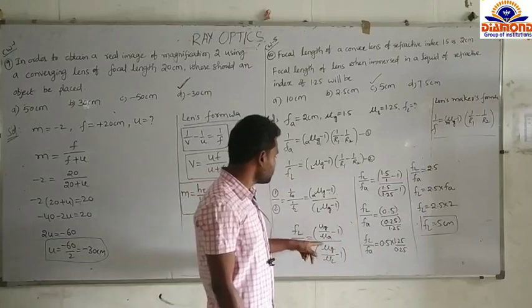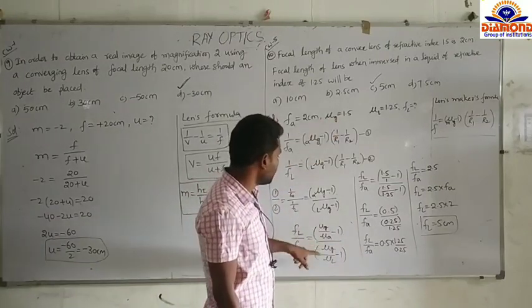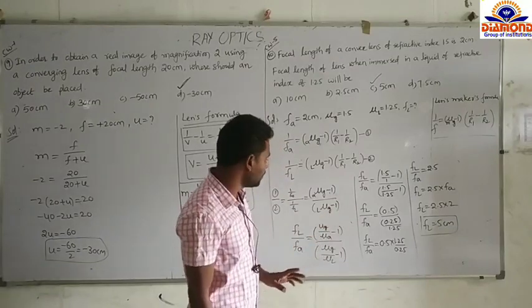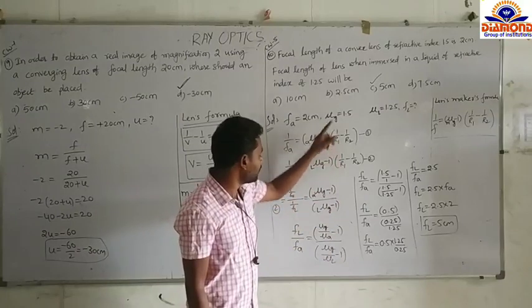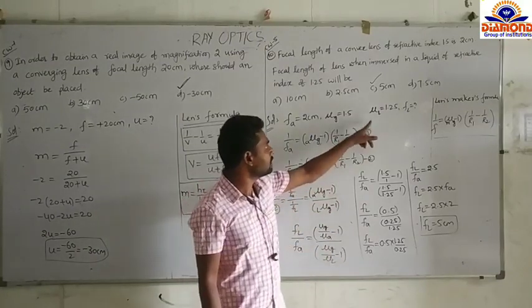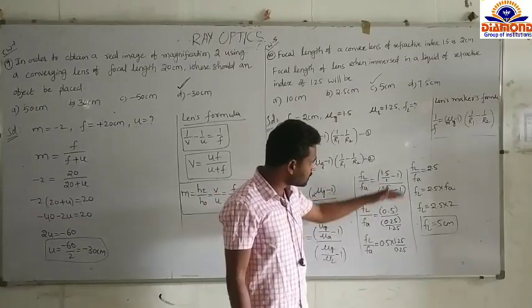Substitute the values: the refractive index of the lens is 1.5, the refractive index of air is 1, and the refractive index of the liquid is given as 1.25. Substitute the values and simplify step by step.